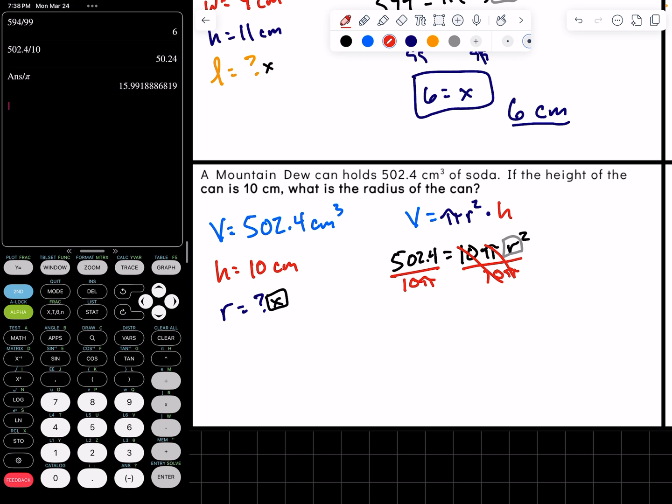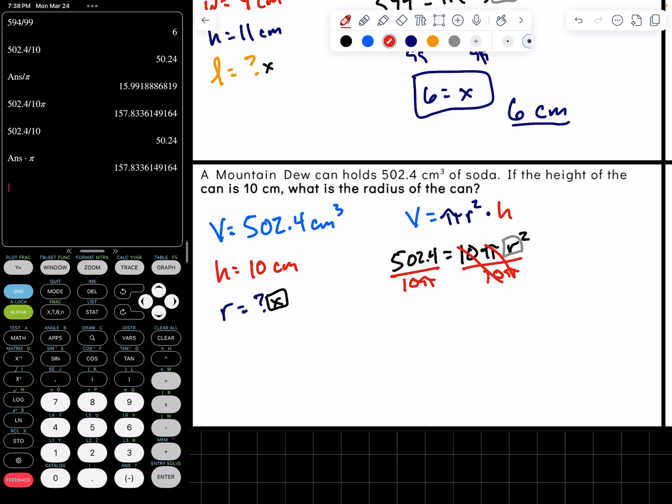I'll talk about it here in a second. I do want you to be very careful. Notice if I go 502.4 divided by 10 pi, that is not going to give me the same answer. What that is essentially doing, 502.4 divided by 10 times pi, is what I did there because I didn't use my parentheses.